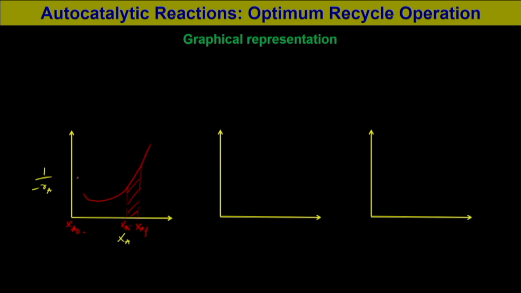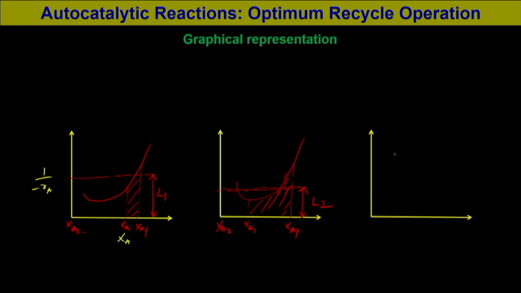The average height would be say this much, say L1. And if we take high XAi values to XAf, then this is XA naught, this is the area under the curve, and this is the average height, say L2.